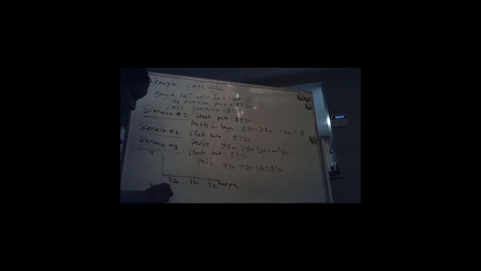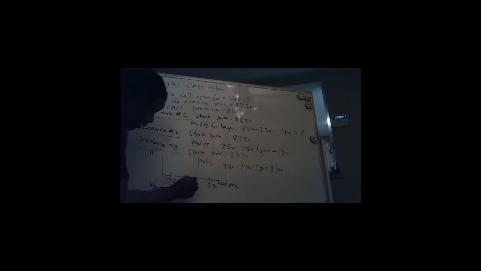$7.50. Any price below $7.50, you're gonna choose not to exercise the option. Doesn't make sense for you because you can cap your losses at $1.30. Okay? So you're gonna choose not to exercise to cap your losses here.